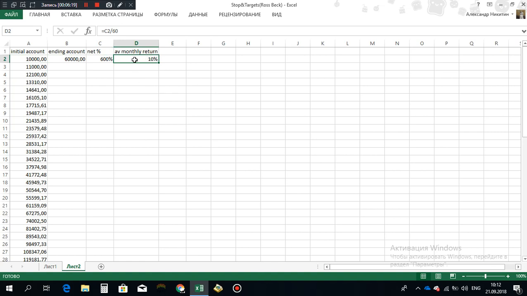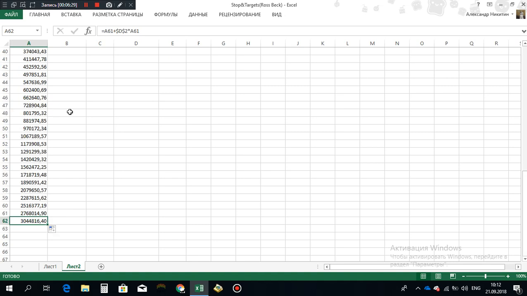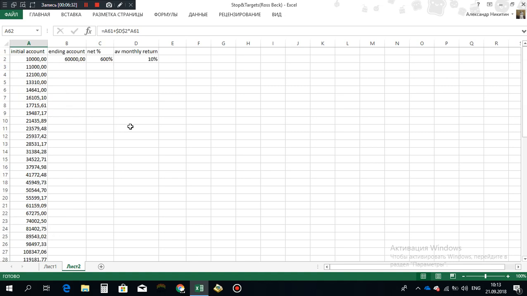If you would generate 10% on average every month, you would end up with this 3 million account. 10K to 3 million. This is the power of compound percent. Hope you guys understood that.